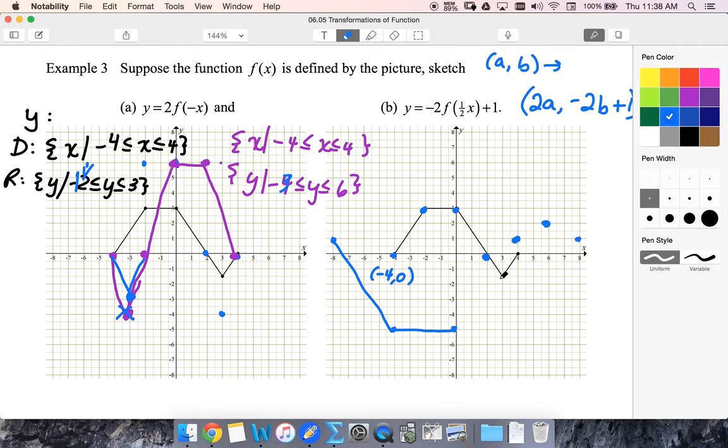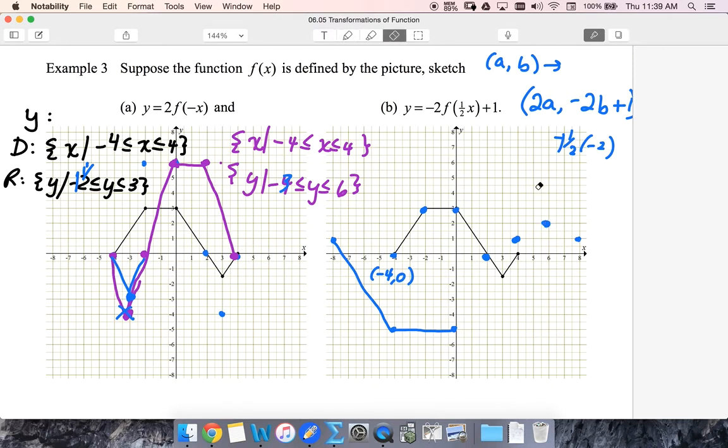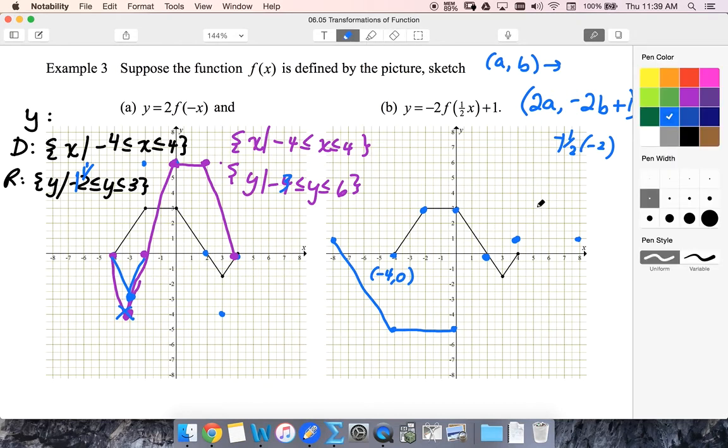So -1.5 times -2 should have turned into +3, moved up 1, should have become 4. Okay, so +3 moved up 1 should have come to 4. And now this is looking more like it. So connecting up and coming through this point and then down here.